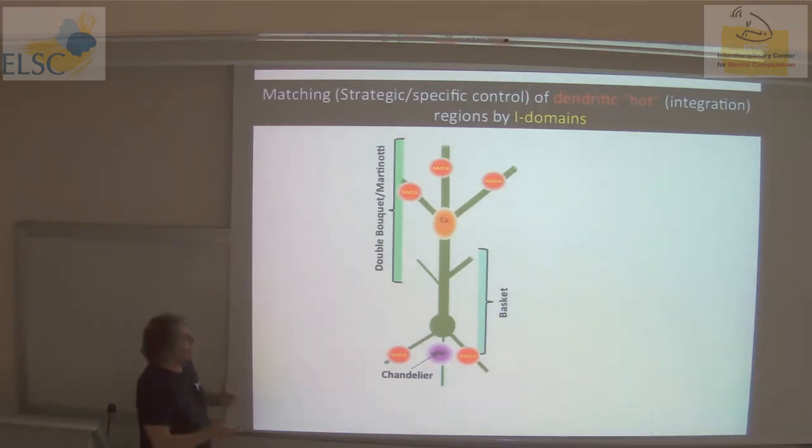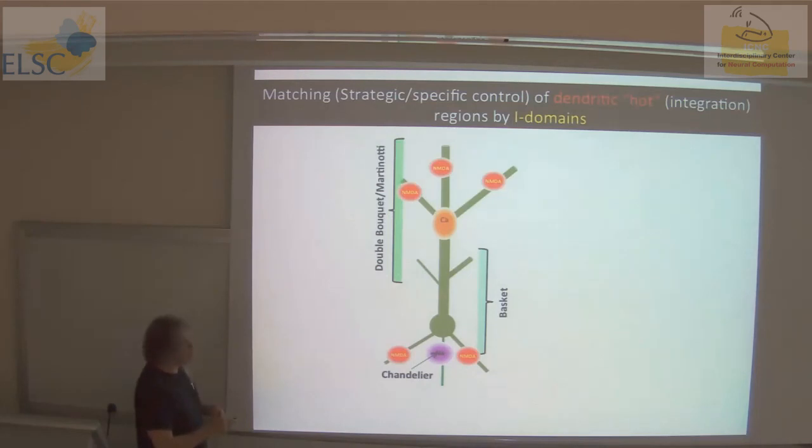And so the feeling I have now, that's an answer to question number 2, why do we have this regional inhibition, is I think because we want to locally control nonlinearities. Maybe locally here by Martinotti and double bouquet, maybe locally here by the basket cell, maybe very locally here by the chandelier cell.